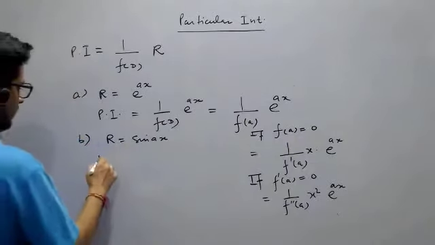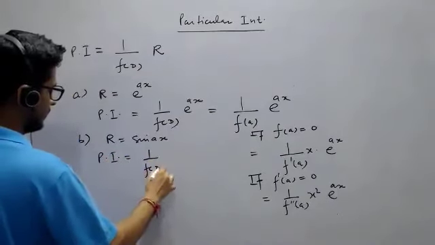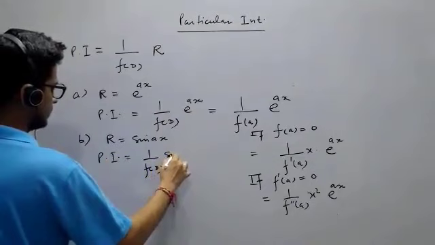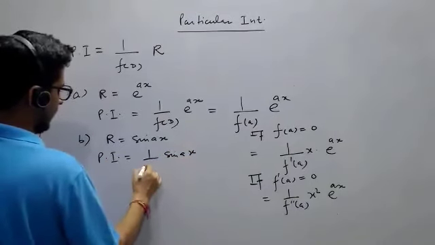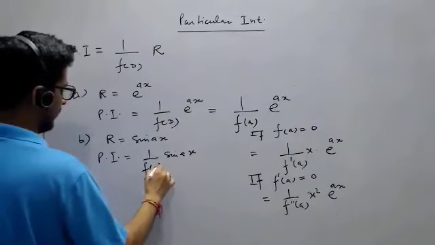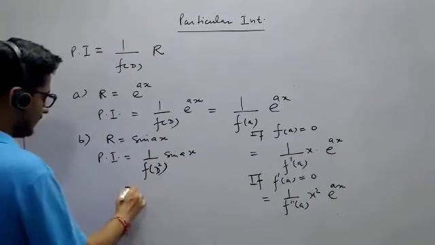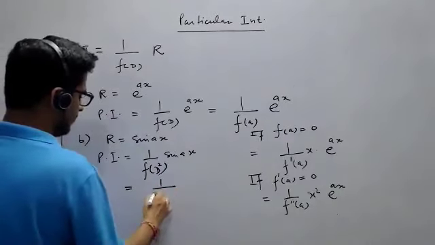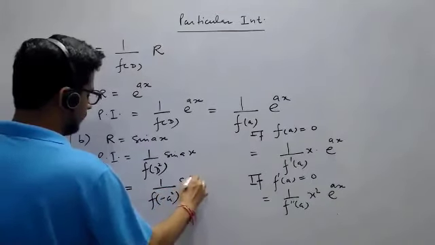So the particular integral will be given by 1 upon f of D sine of ax, and right here it is f of D square, because this operation will be happening only on D square, not on D. So it will become 1 upon f of minus a square into sine ax.